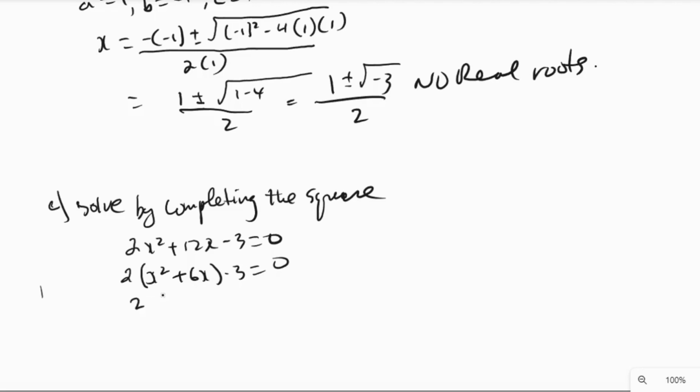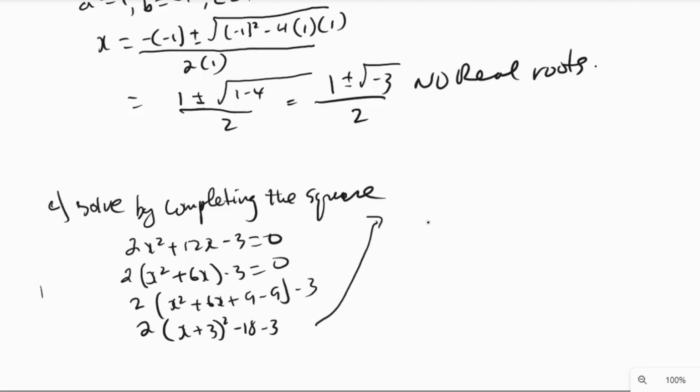I complete the square here. x squared plus 6x plus 9 minus 9 minus 3. Then we have 2. The first 3 will be x plus 3 squared minus 9 times 2 will be negative 18. And then we have 2 times x plus 3 squared minus 21 equal to 0.